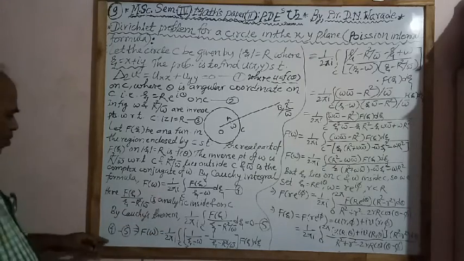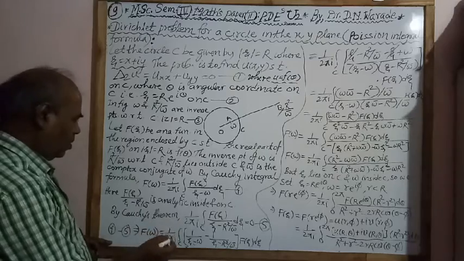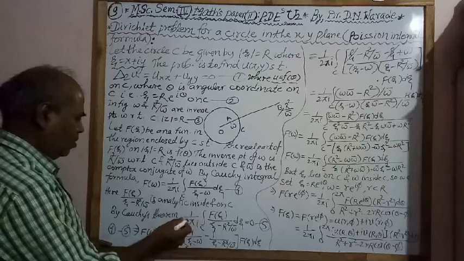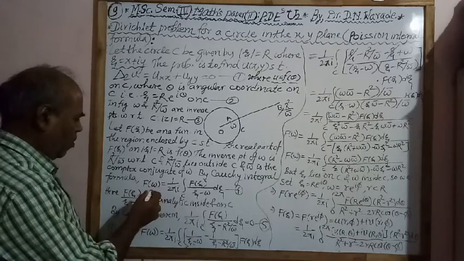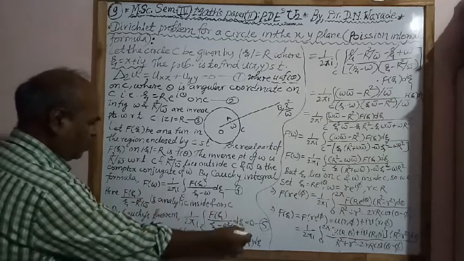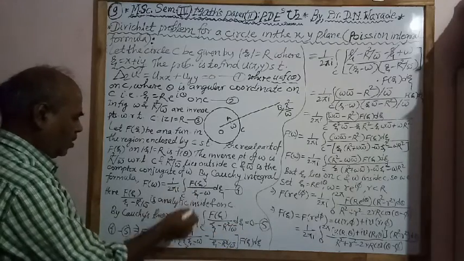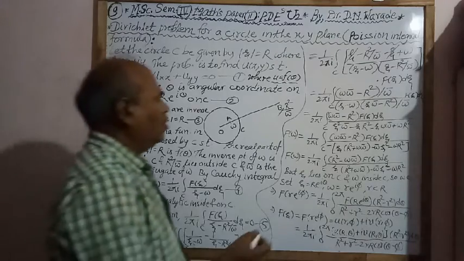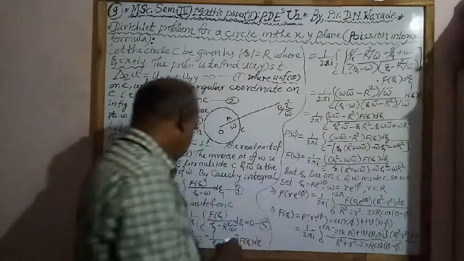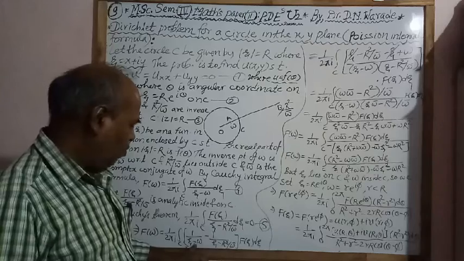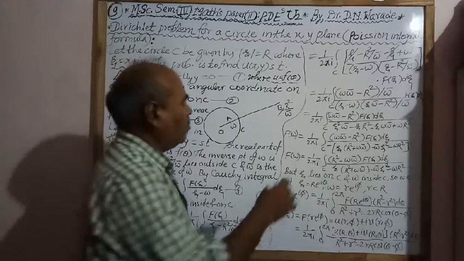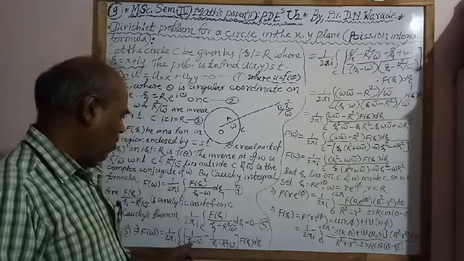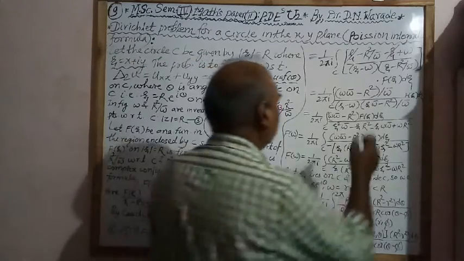Now taking the difference of 4 and 5, equation 4 minus 5, we have f of w minus 0 equal to the right hand side minus the left hand side. Taking the LCM of xi minus w into xi minus r square by w bar and cross multiplying, here we have xi minus r square by w bar minus xi plus w.